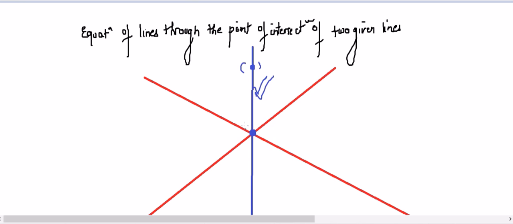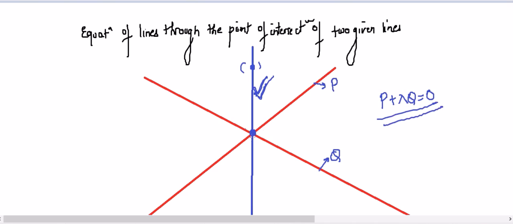And second, you can directly apply the formula which says, if P is the equation of the first line, and Q is the equation of the second line, then the equation of the third line which is passing through the intersection of these two is P plus lambda Q. Basically it's the same, but way simpler. So by this you can calculate the line.